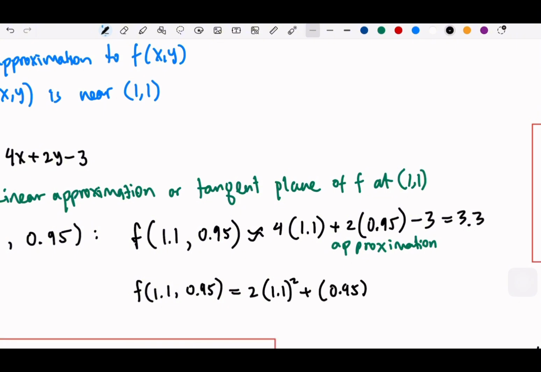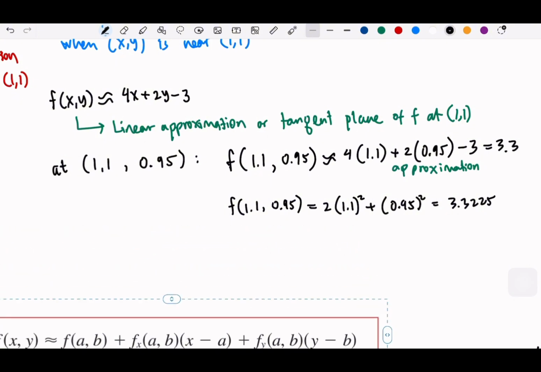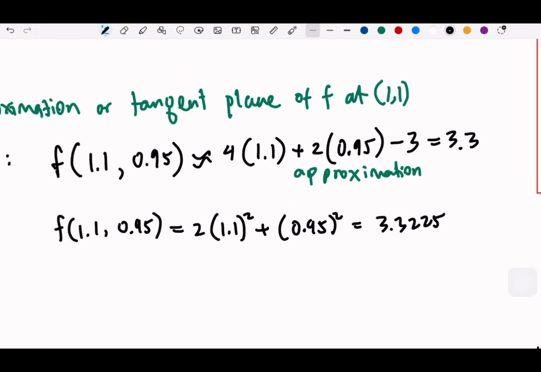This is our function. This is equal to 3.3225, which is not so far away. So this 3.3, our approximation, is not too far away from the real number at this (1.1, 0.95).